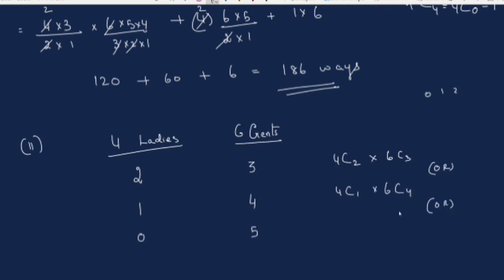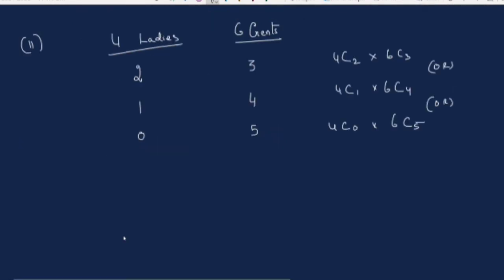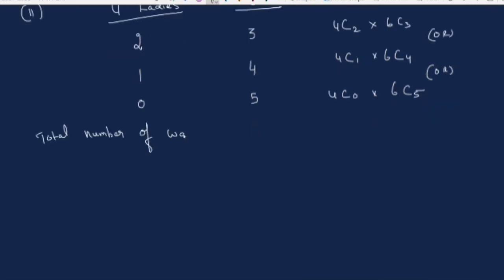Or 4C0 into 6C5. Total number of ways will be 4C2 into 6C3 plus 4C1 into 6C4 plus 4C0 into 6C5.